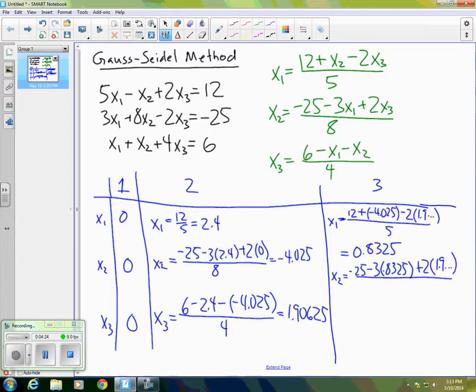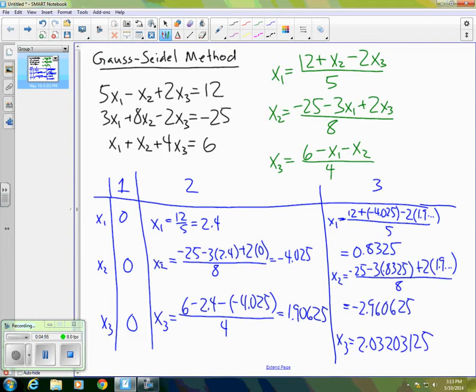That's all divided by 8, and the result is negative 2.960625. In the interest of room, let me just tell you what we get for x3 this time around: 2.03125.